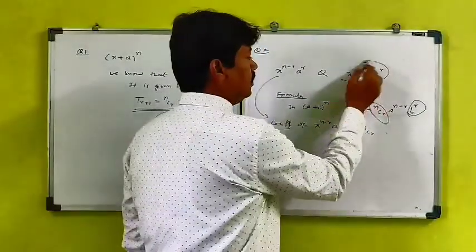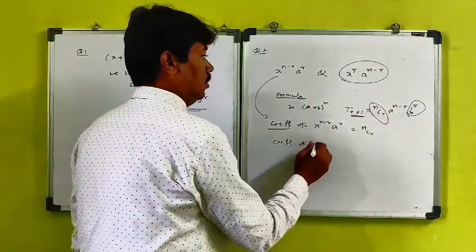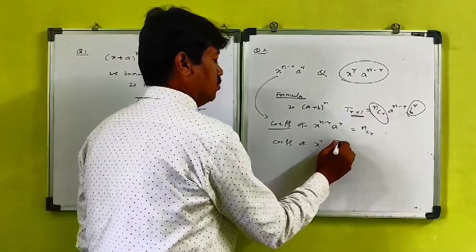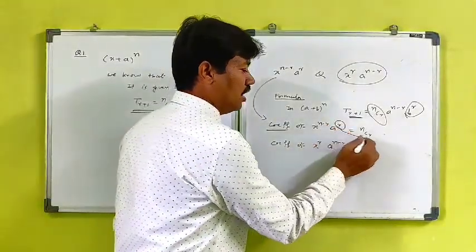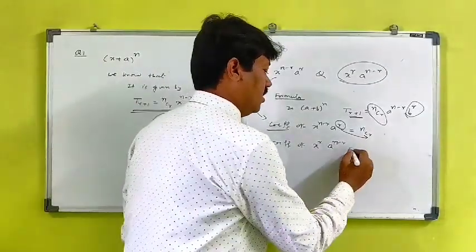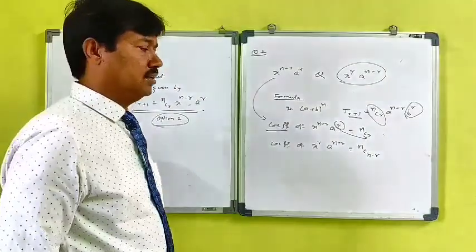Similarly, the coefficient of x raised to r, a raised to n minus r: when r goes there, it is nC n minus r.